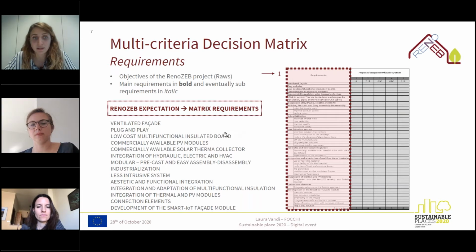So yes, it has an important role in this project. Just to give you an idea of the price and the cost, it's just a draft for the cost. It should be more or less 600 euros per square meter of facade. Okay. Thanks much. You're welcome.